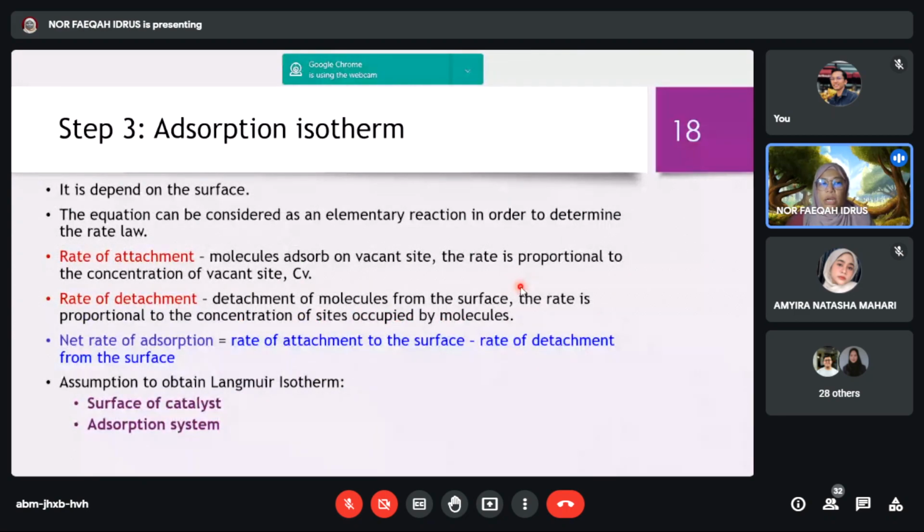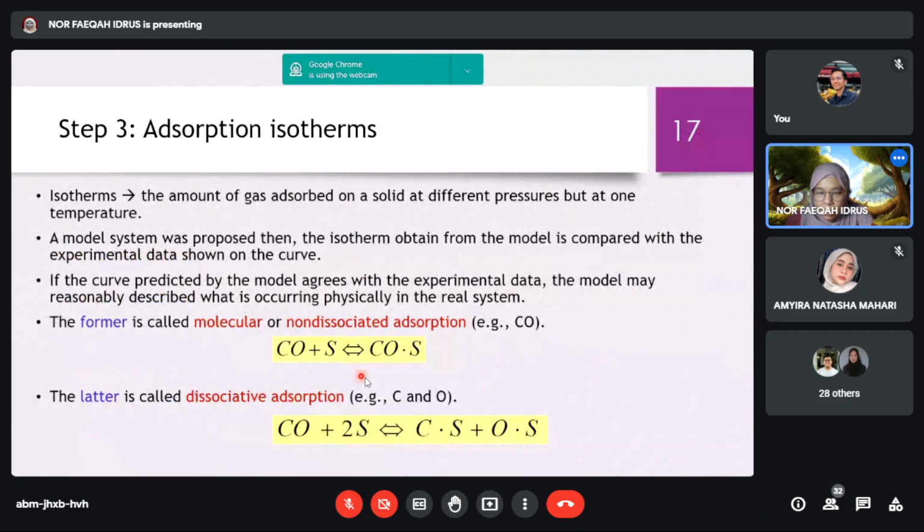Okay, now we look at how to write the rate of adsorption. When we talk about rate, of course we need to derive the rate equation, the adsorption rate equation. So how to write the net rate of adsorption. If you look at the mechanism here, it involves a reversible reaction.